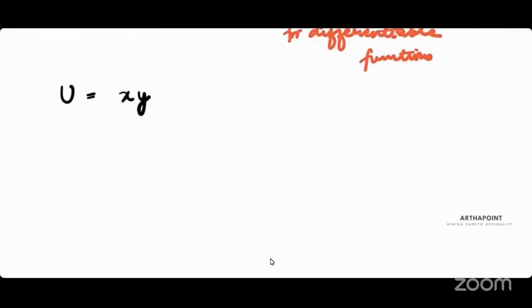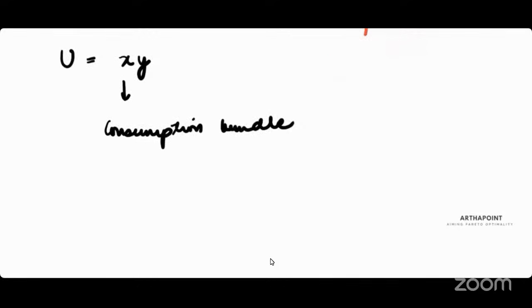One property of this utility function is related to the consumption bundle. See, this schedule that we plotted: when x is 1, y is 4, x is 2, y is 2. I could have gone ahead and written that when x is minus 1, y is minus 4, then also x into y is 4.